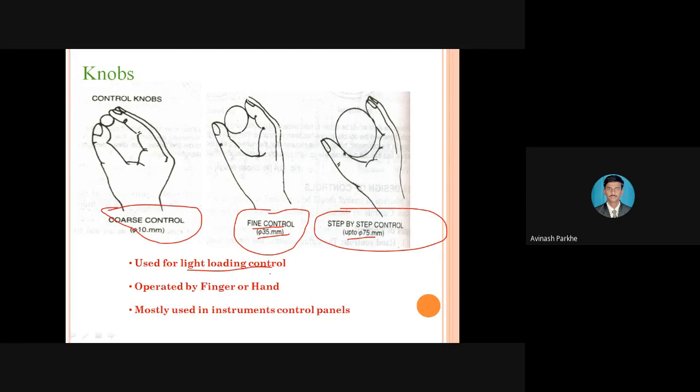Third, they are operated by the finger or hand only. Most of the time these knobs are very small in diameter, so they can be handled using fingers only. Therefore, as per the requirement of the operator, the diameter is designed.